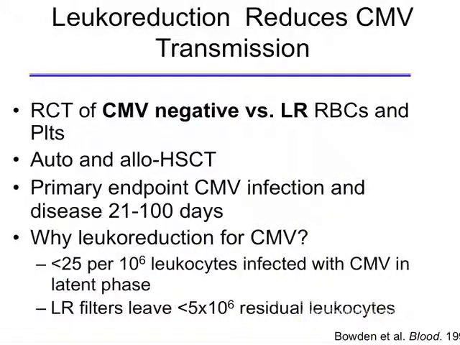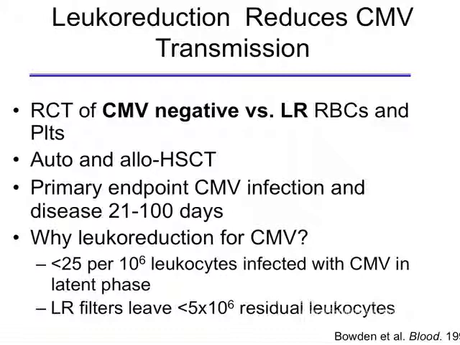Leukoreduction also reduces CMV, or cytomegalovirus, transmission. The best data supporting this come from the Bowden trial in the late 1990s that randomized patients to receive serologically CMV negative blood components versus leukoreduced blood components.